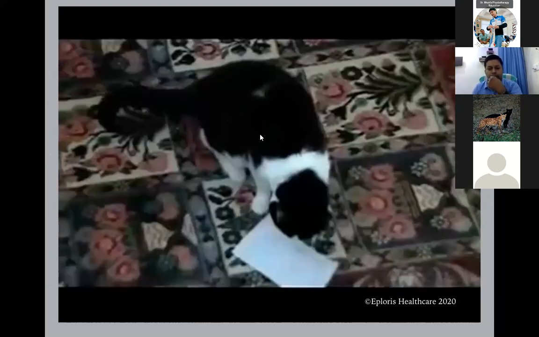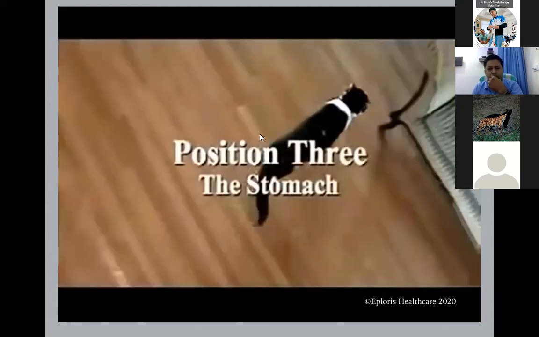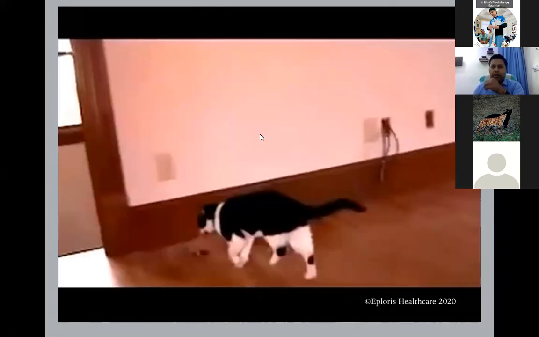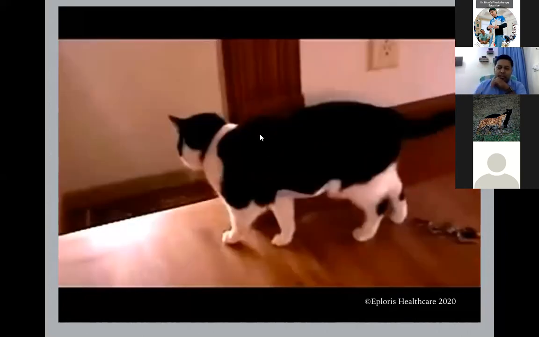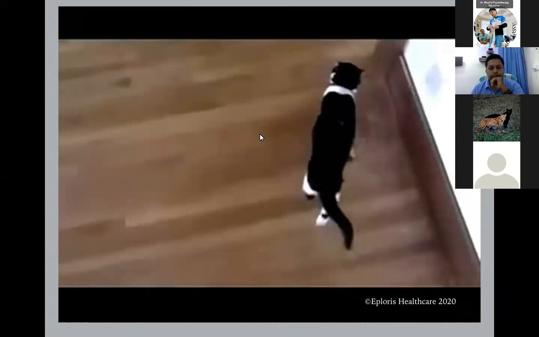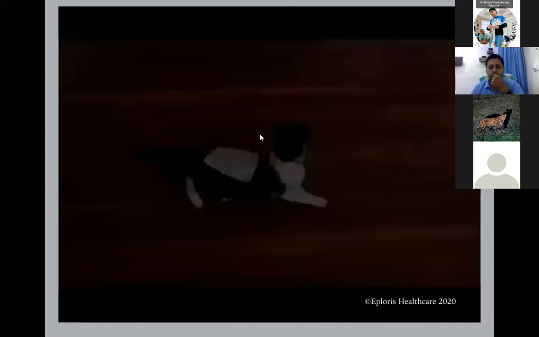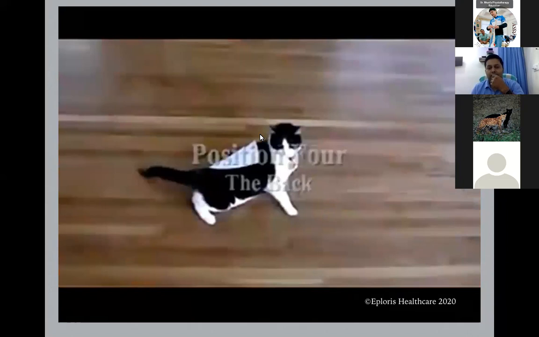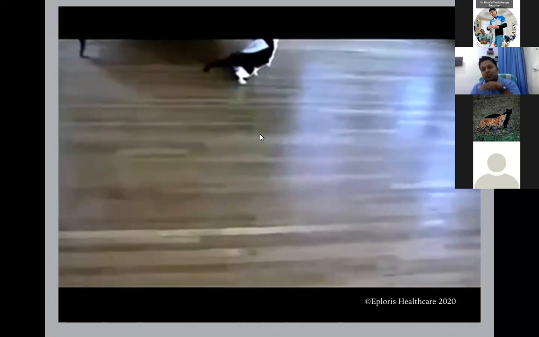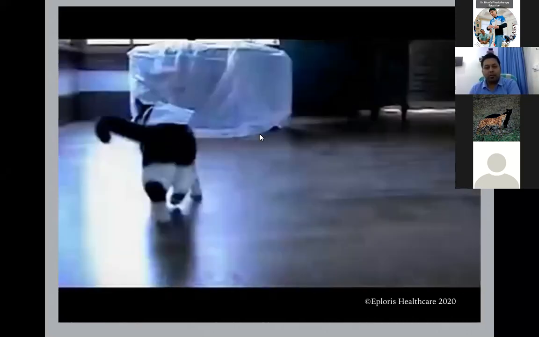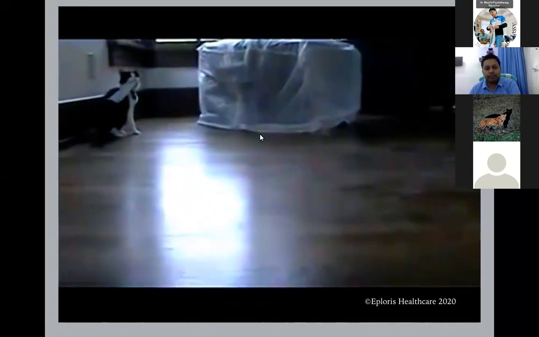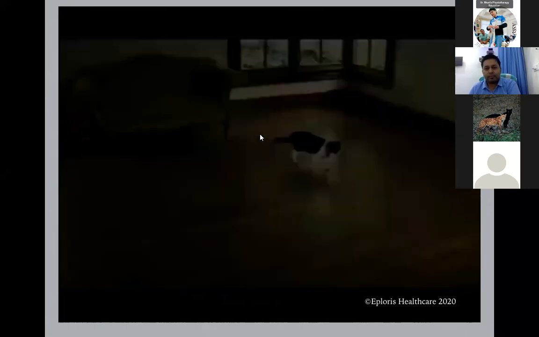Position 3. is applied over the stomach, the cat is trying to make a hum, okay, and walk. Okay. Position for the back. The cat reacts through the breath. See, the back पे लगाने के बाद that cat it starts walking by flossing their hump back down. Okay. The cat removes the tape from its back and returns to normal.